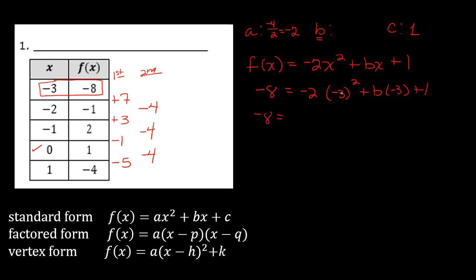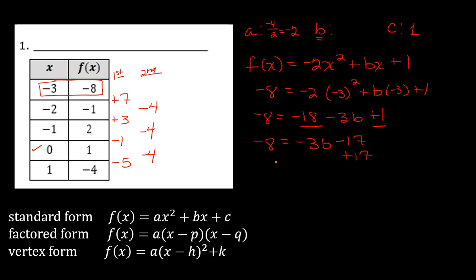This gives me positive 9 times negative 2. B times negative 3 is negative 3b. And then we're going to combine like terms. Minus 17. Now let's solve for b.